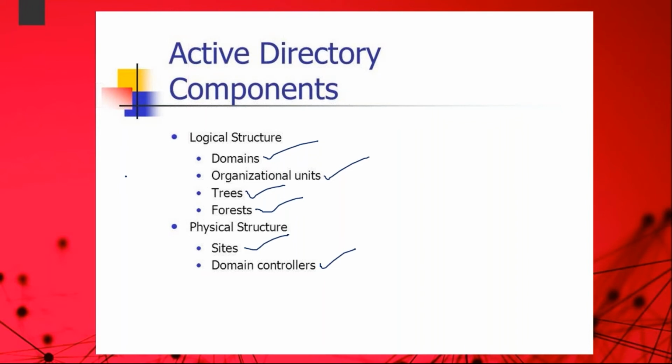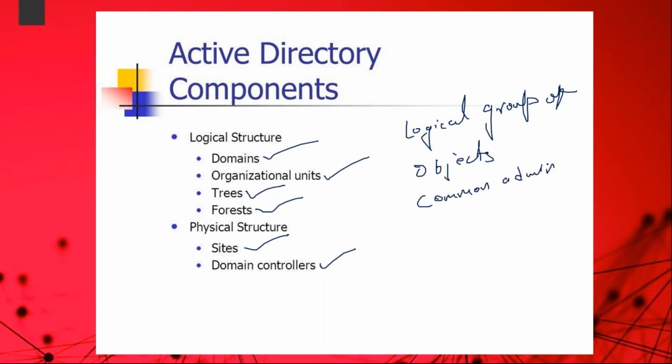It is a logical group, we can say. As it is a logical structure, a domain is a logical group of objects that share common administration, common security, and replication settings as well.